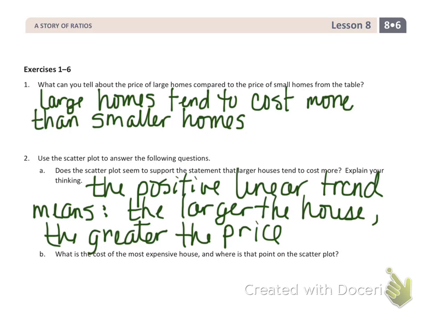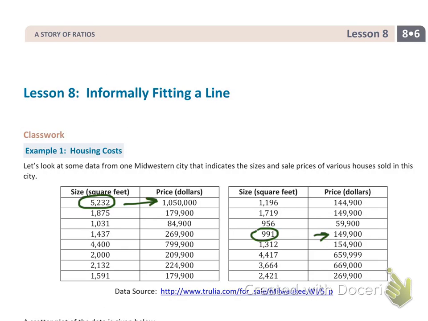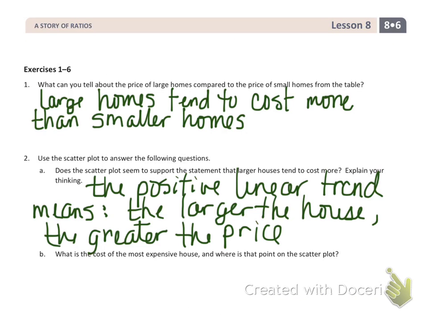Okay, so what is the cost of the most expensive house? And I think we want to go back to the data table for that. So the most expensive house, the only one that has 7 figures in it, is this one here, the 5,232 square foot home for $1,050,000. Okay, the cost is $1,050,000.